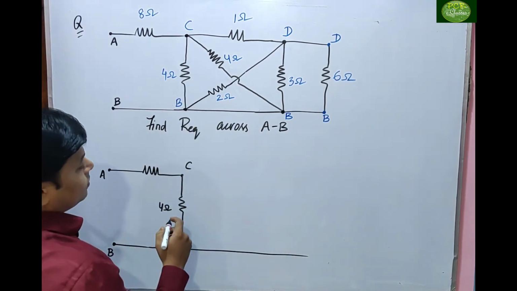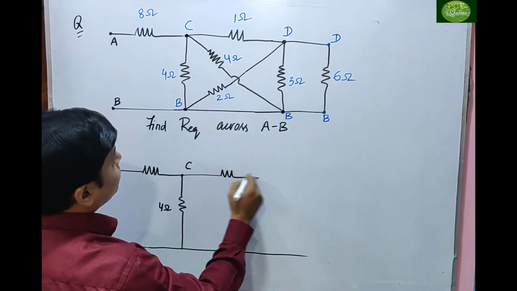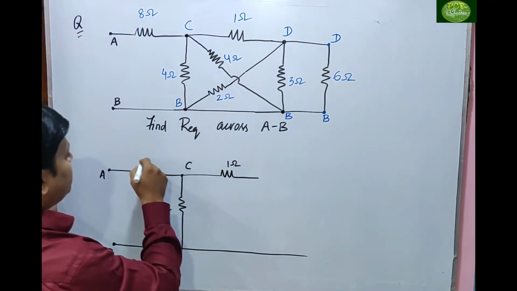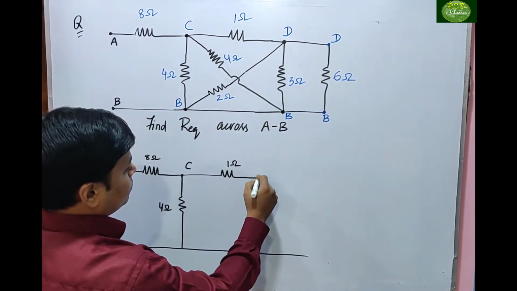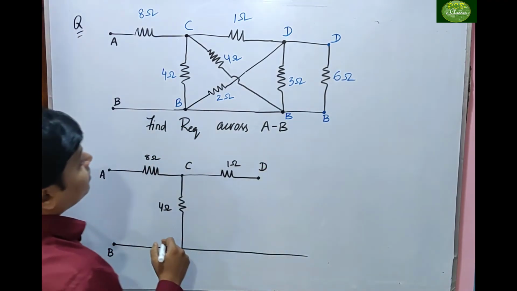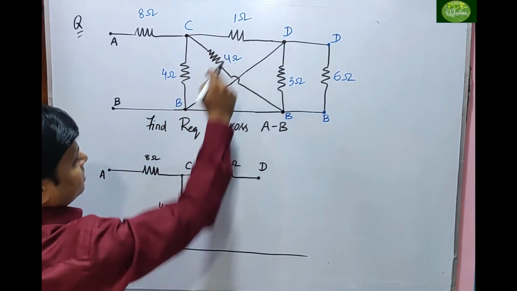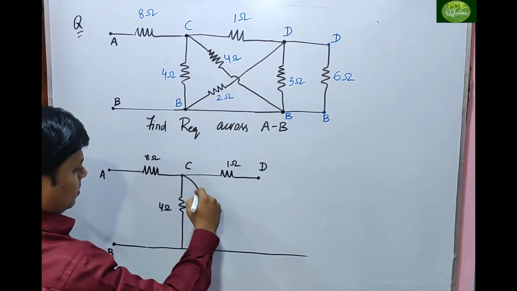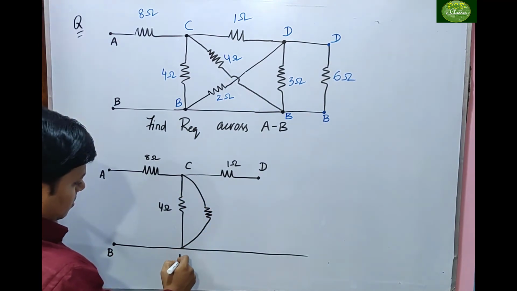Next, C to D. What is present? 1 ohm. And this is 8 ohm. C to D. From again C to B. What is there?